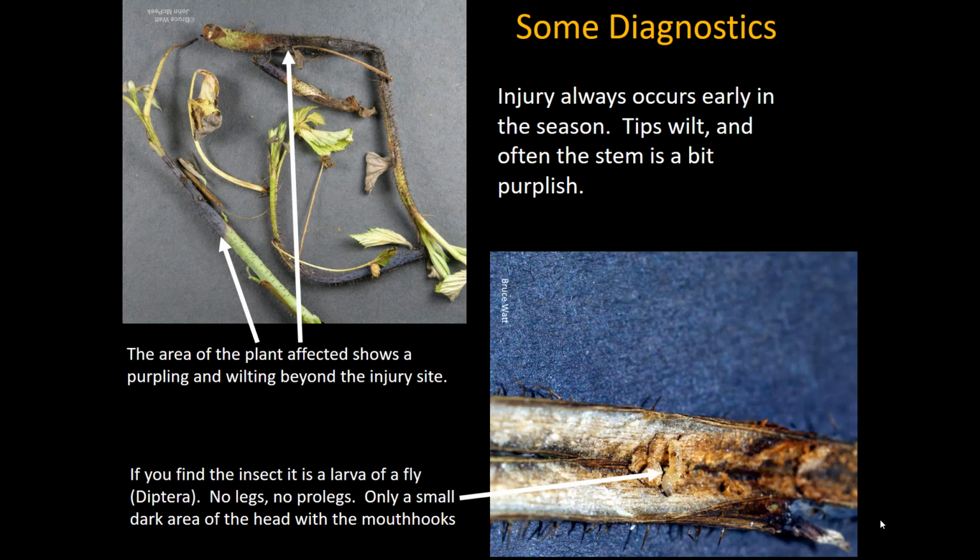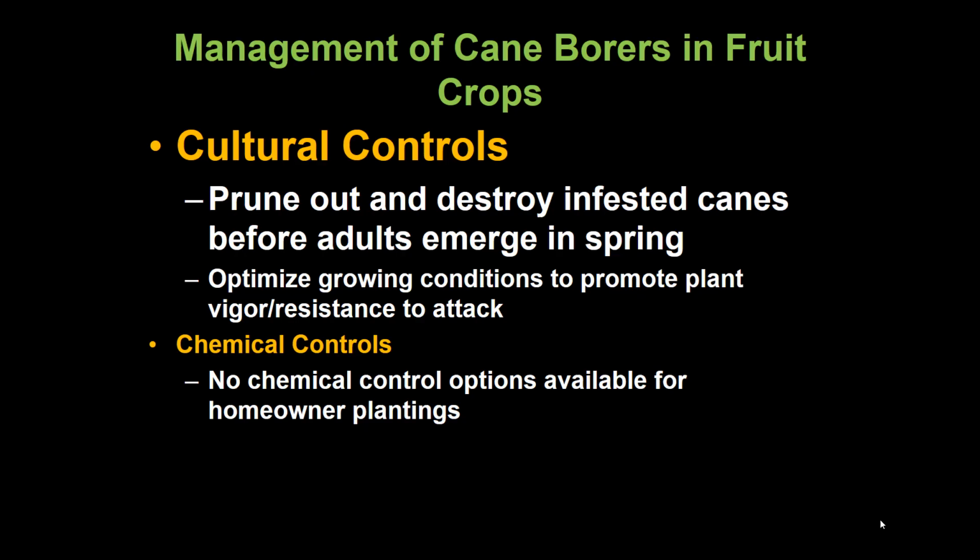This is probably the earliest of all of the insects in a caneberry that would cause some sort of wilting to appear. So this is usually going to be showing up by June, the symptoms. And if you find the insect again, it is a fly larva. No legs, no prolegs, only a small dark area of the head where the mouth hooks are.